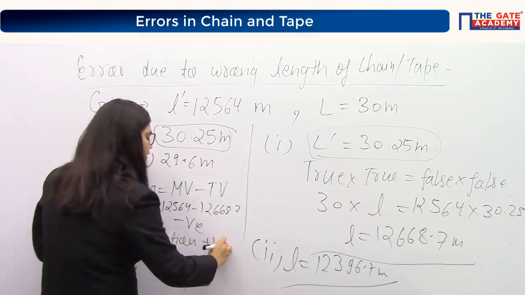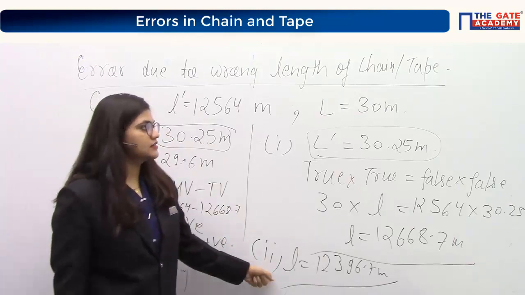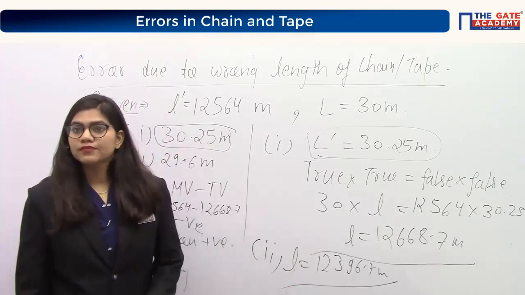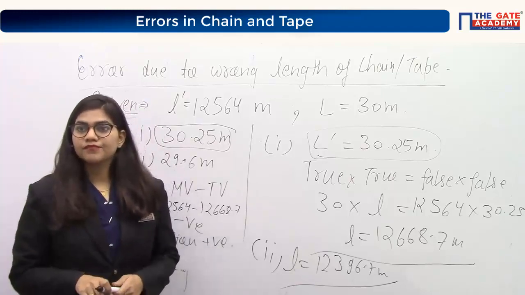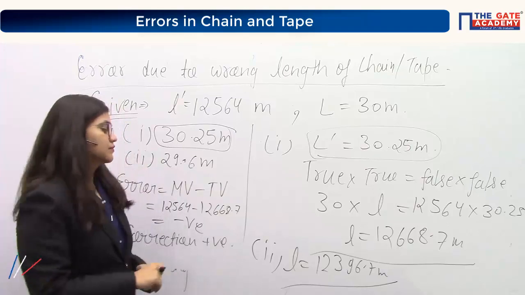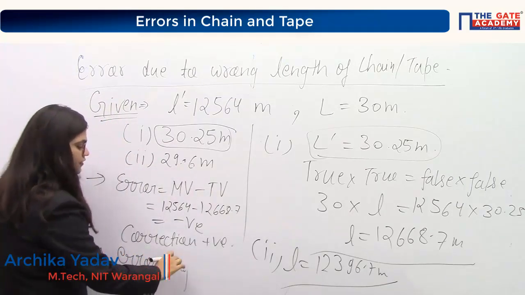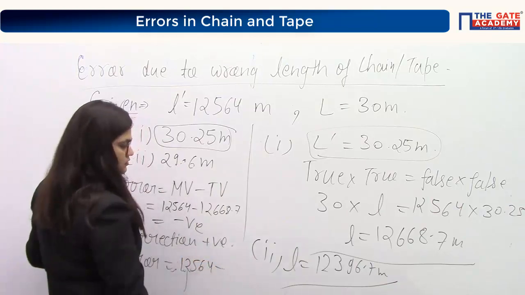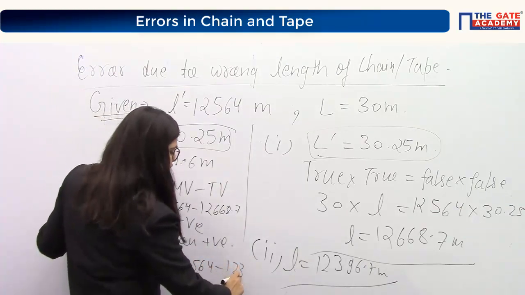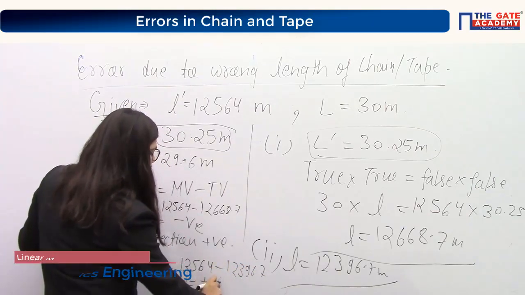And what about the second case? In this case, error is positive. 12564 minus your 12396.7. It means error is coming out to be positive.